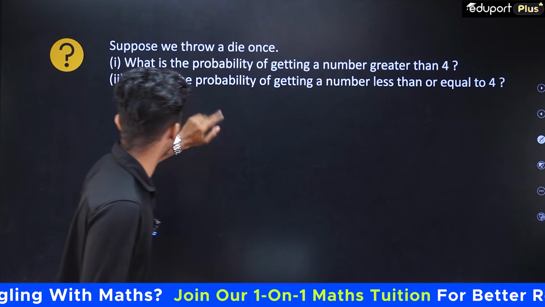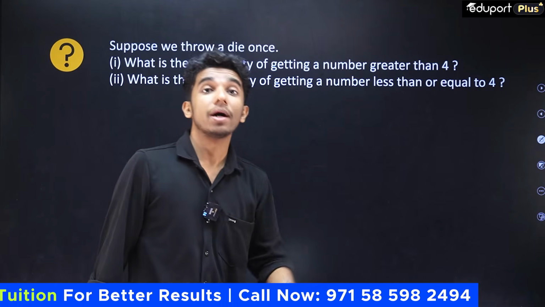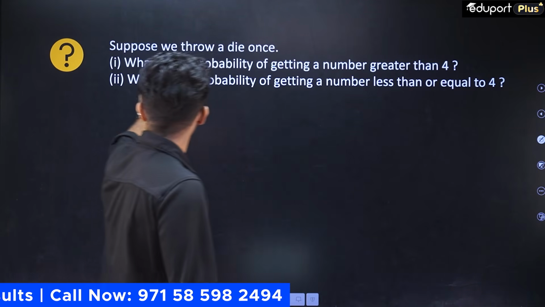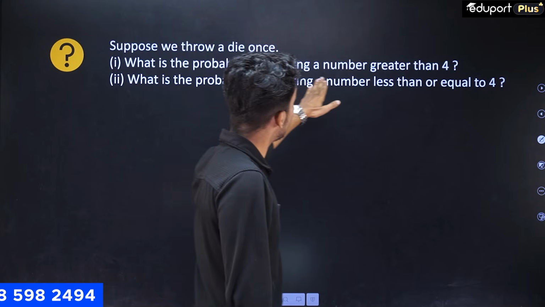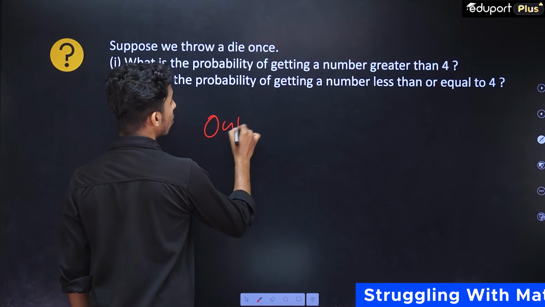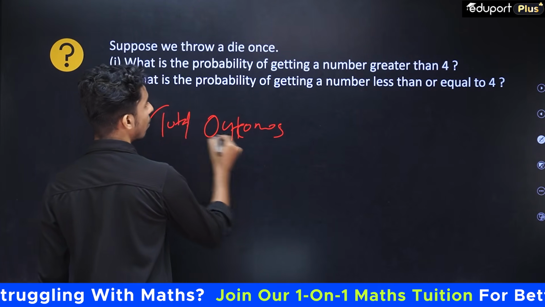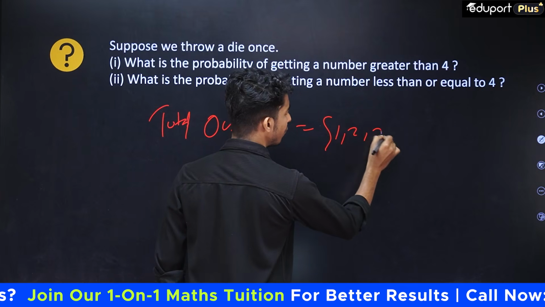Look at the example. Suppose we throw a die once. We are asked to find the probability of getting a number greater than 4. The total outcomes will be 1, 2, 3, 4, 5, 6.